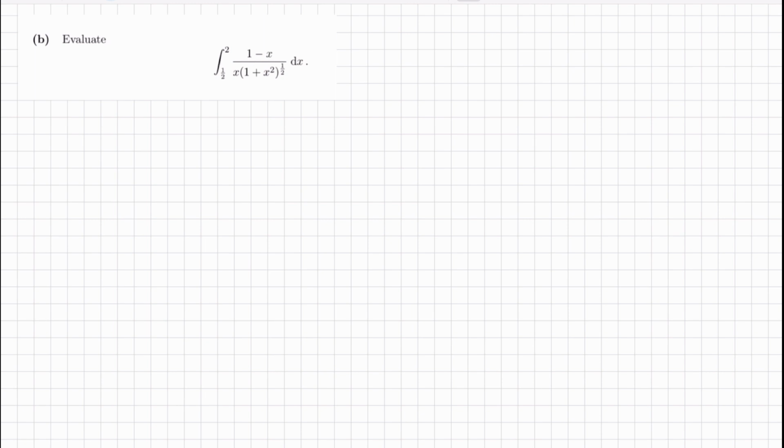What do we immediately notice? The limits are familiar. One of the terms on the bottom is familiar. We have a subtraction in the numerator this time.